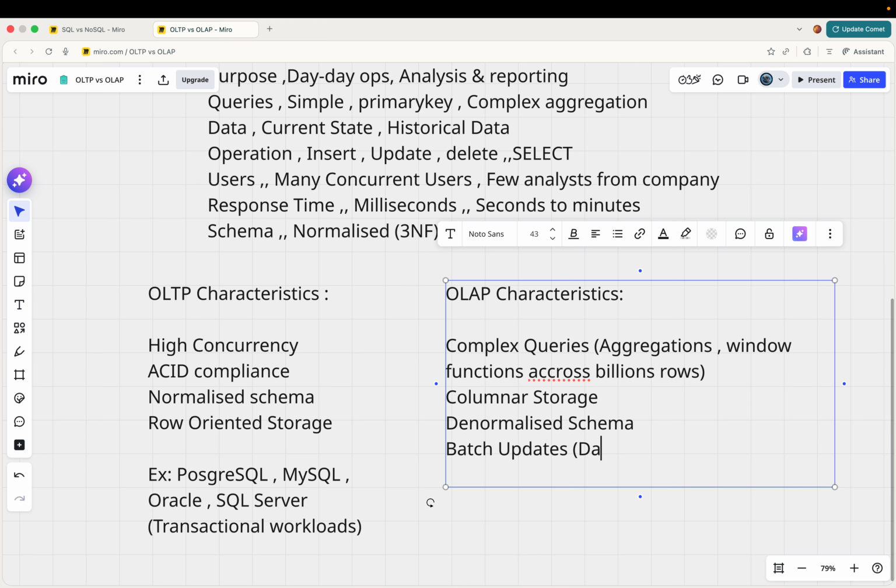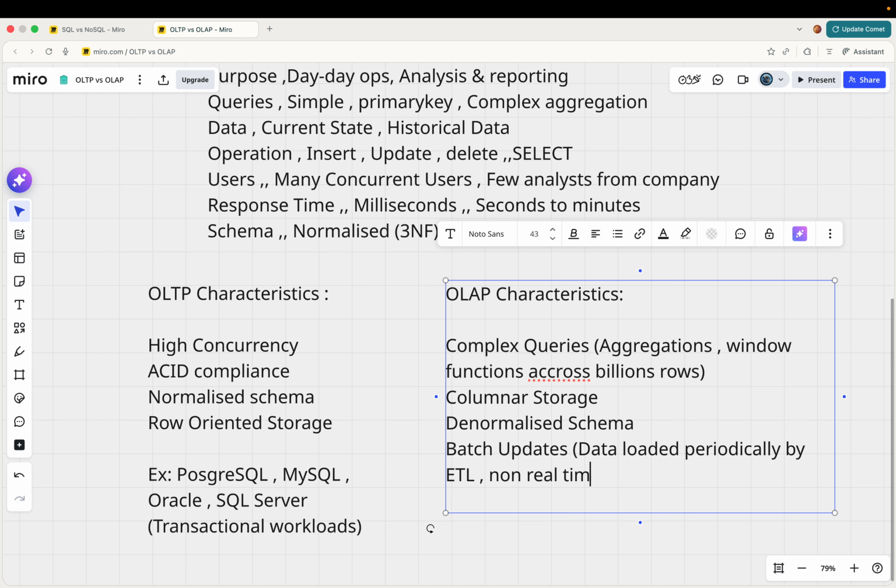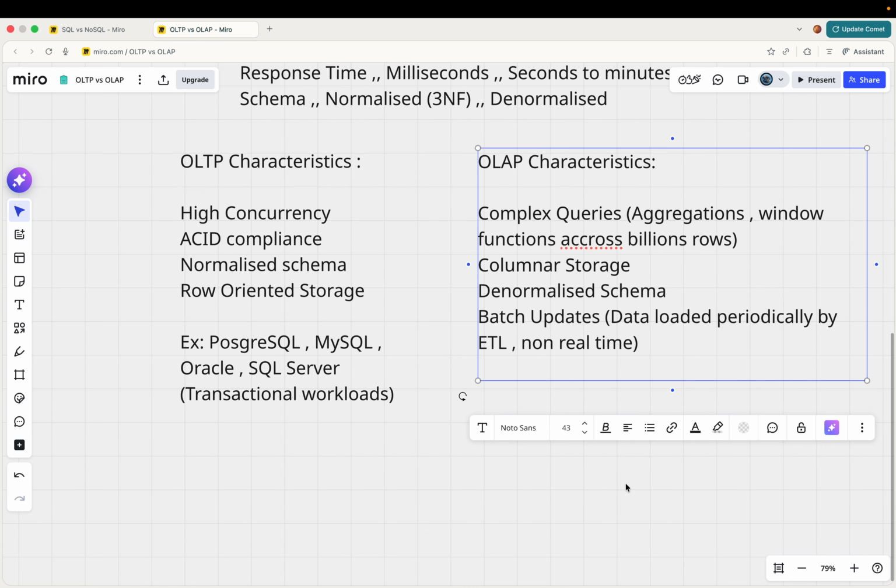Let's say data is loaded periodically by some pipeline, like some ETL pipeline. It's not real time, NRT, not real time. So batch updates will be done periodically.